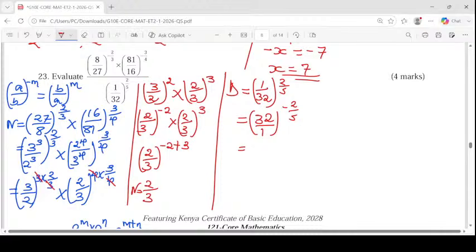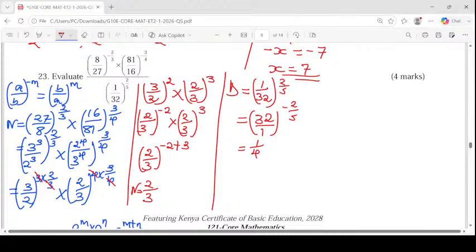When I take 32 raised to power negative 2 over 5, it is evaluating to a quarter.